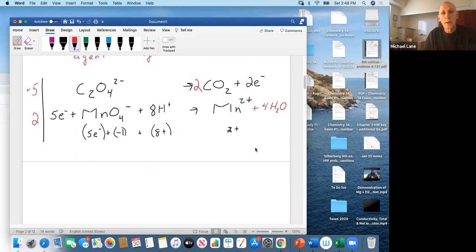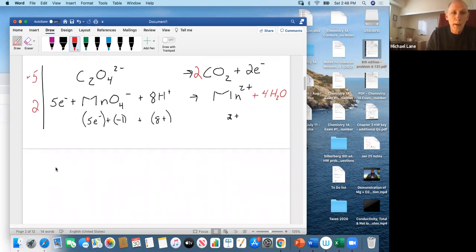So as I go down to this next step, I'm going to balance this. And I get 5 C2O4 2 minus plus 10 electrons plus 2 MnO4 minus plus 16 H plus.